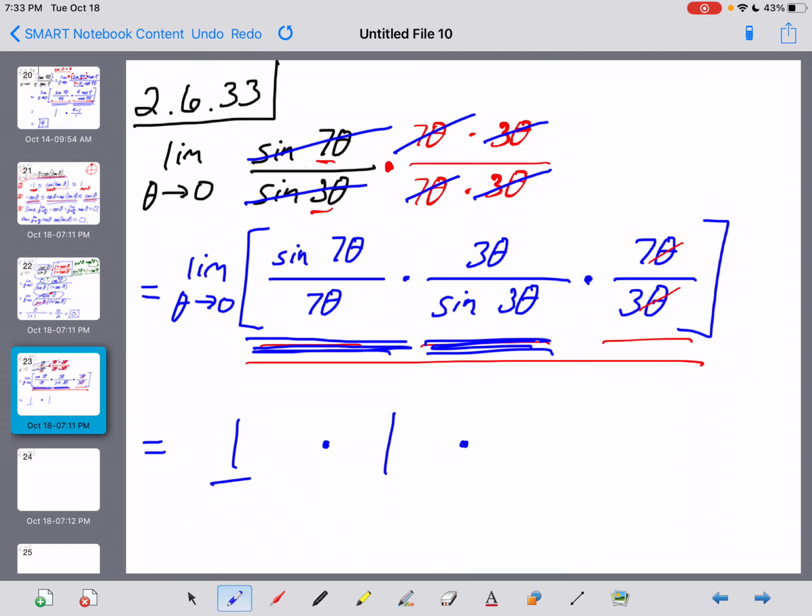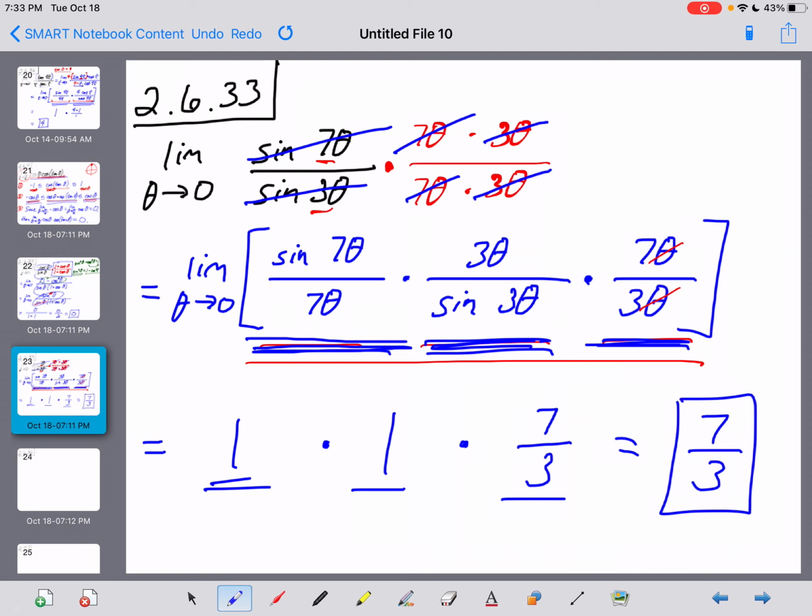And then times the limit as theta approaches 0 of 7/3 is just 7/3. The value of theta doesn't impact it at all. So we're going to multiply 1 times 1 times 7/3, and that's going to get us our answer of 7/3 for problem 33. And that's how you get that answer in a mathematically sound way, unlike pulling out the 7 and the 3 out in front, which doesn't make any mathematical sense.